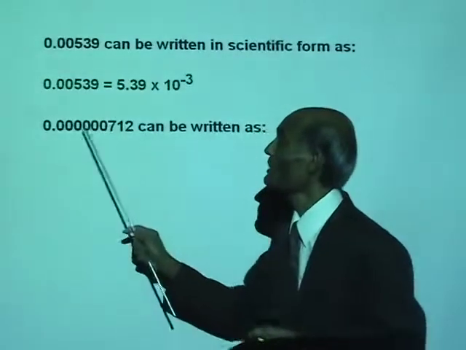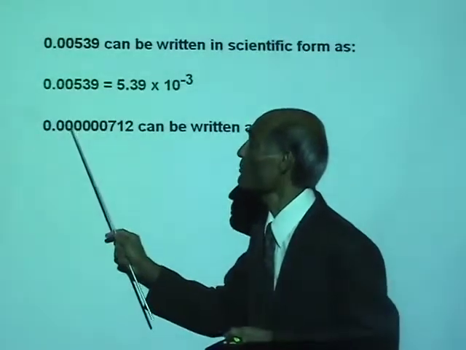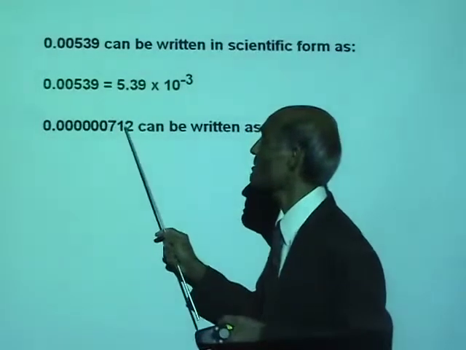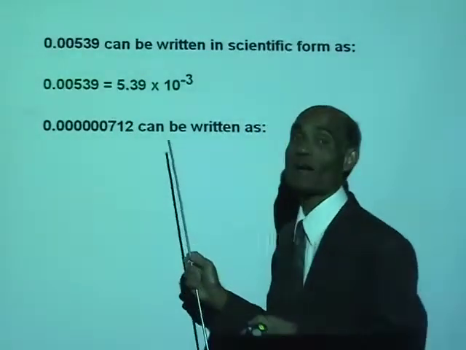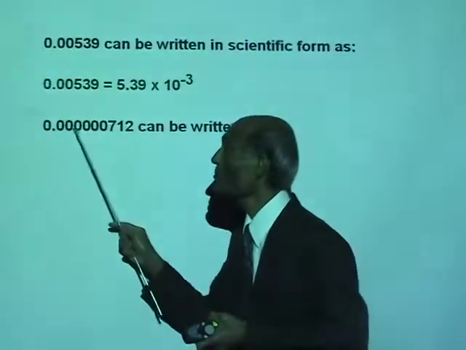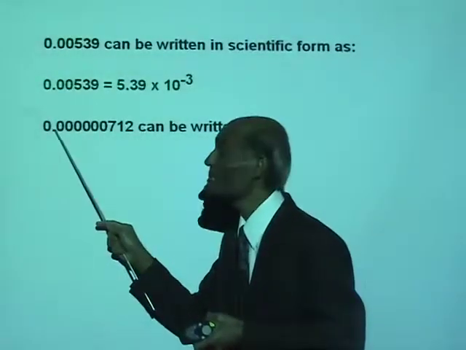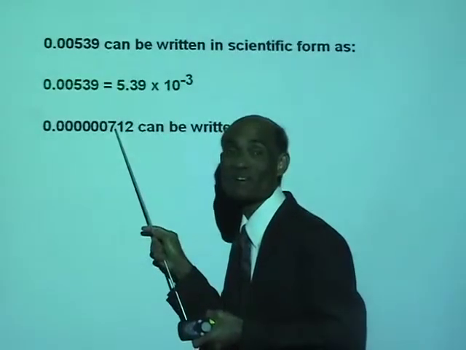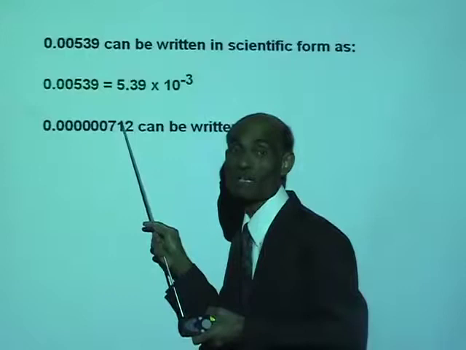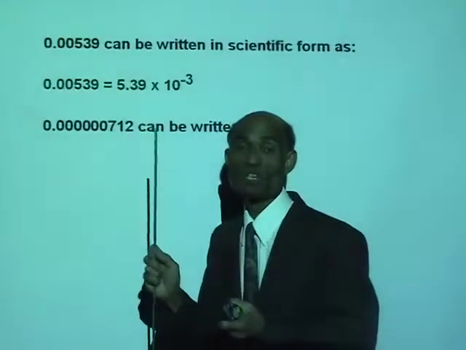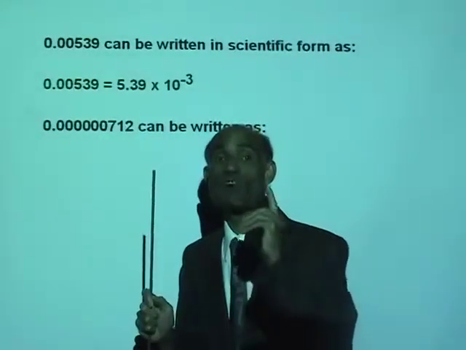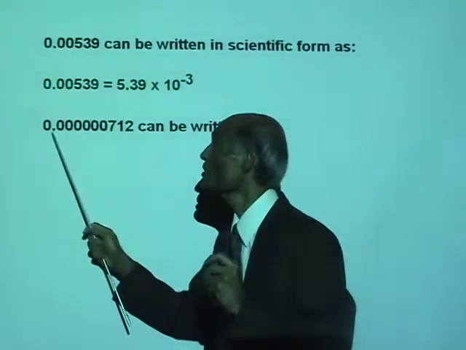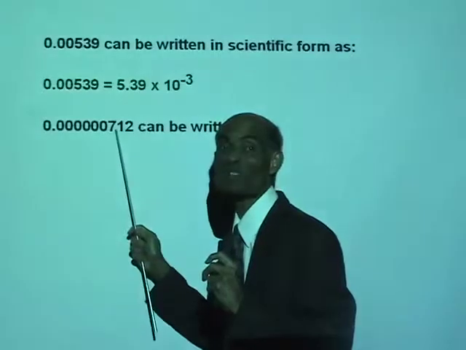Alright, how about this? 0.000000712. How will you write that? How many places do you need to move this decimal to the right to bring it to the right of 7? Again, let me repeat. In scientific notation, the decimal must sit to the right of the first digit. You must bring it to the right of 7. You need to move the decimal 7 places.